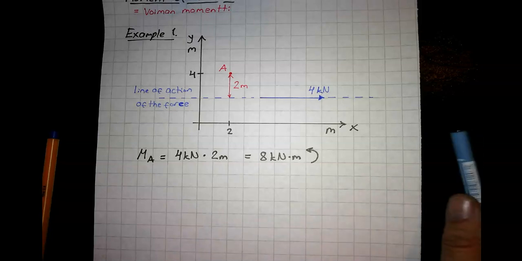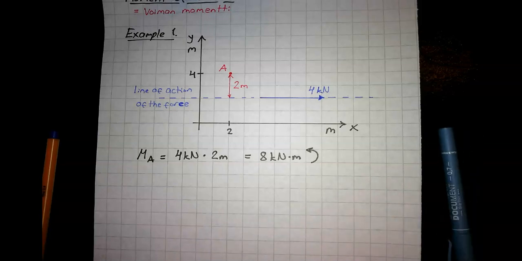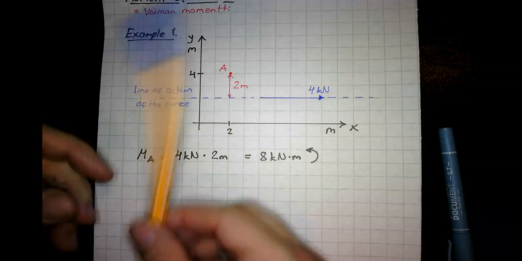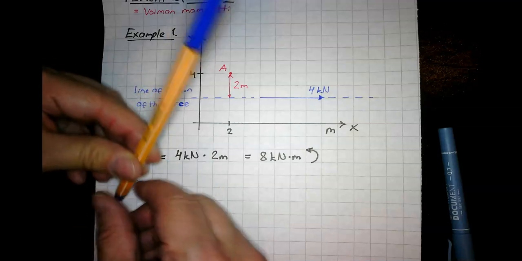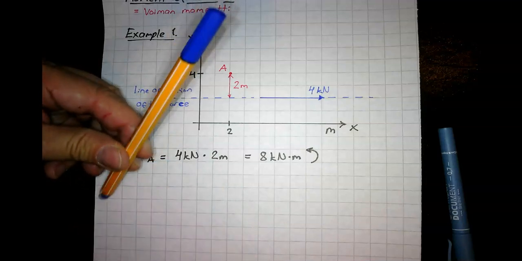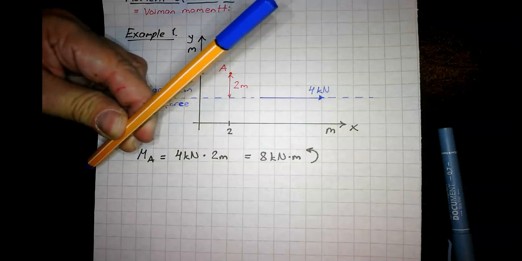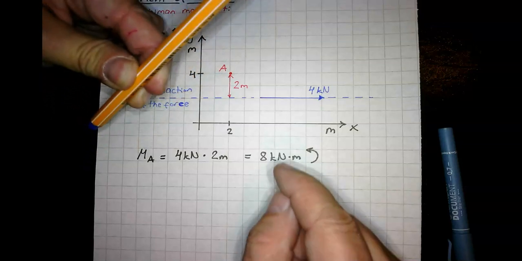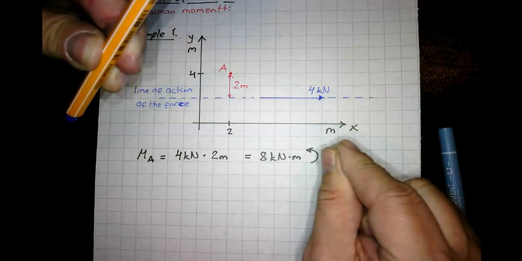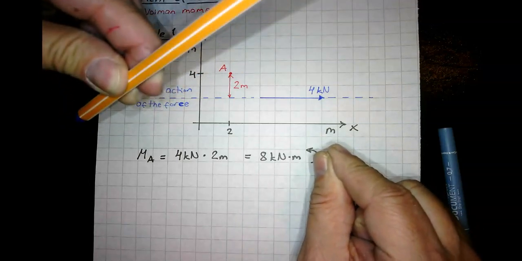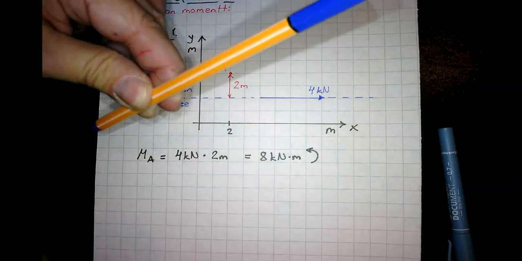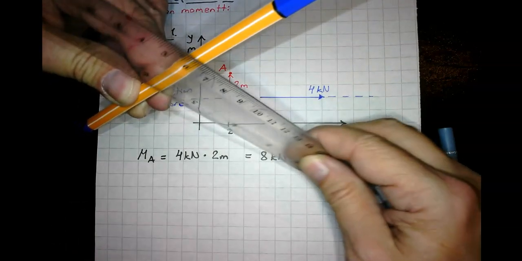This is the usual method. But this method is almost impossible if you have three-dimensional space. For example, we have a force vector. This pen is a force vector, and it's oriented like this. And the point A will be, for example, this here. And this is in three dimensions. We have to find out the shortest distance to that point.